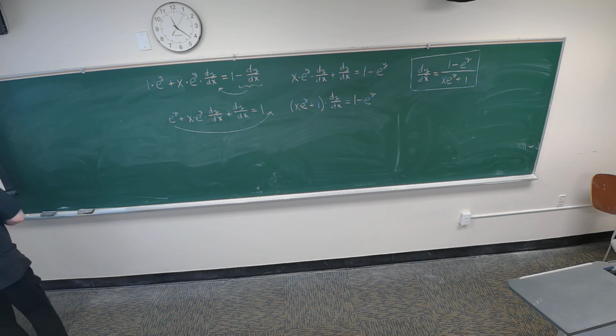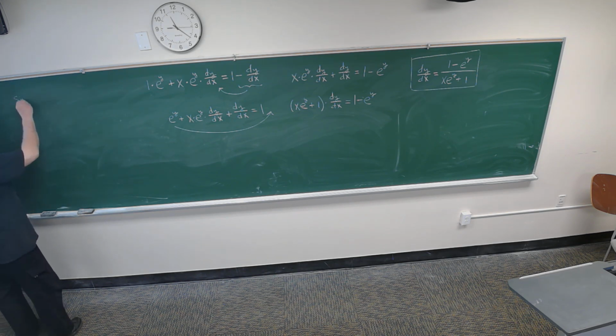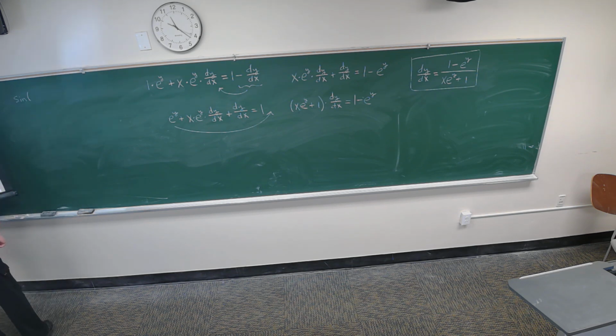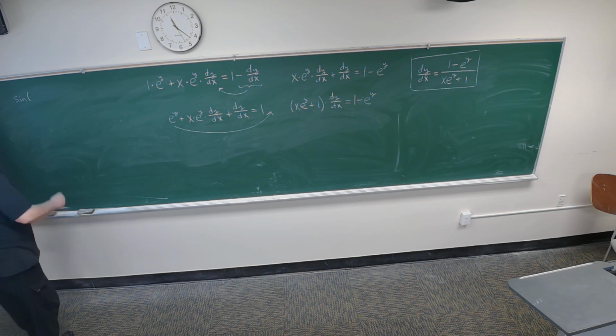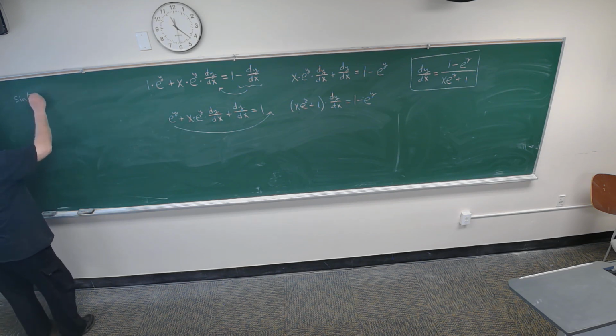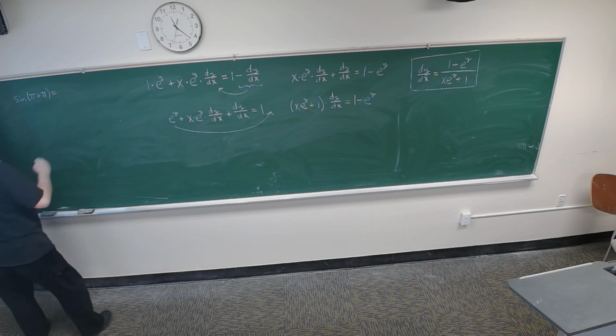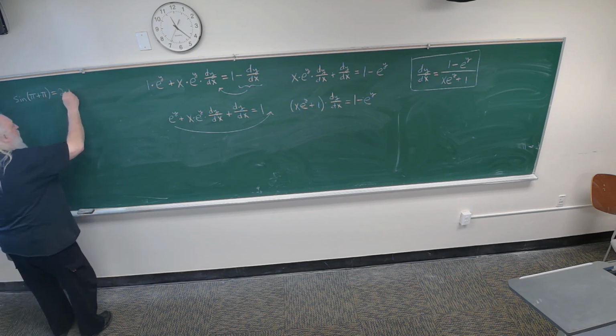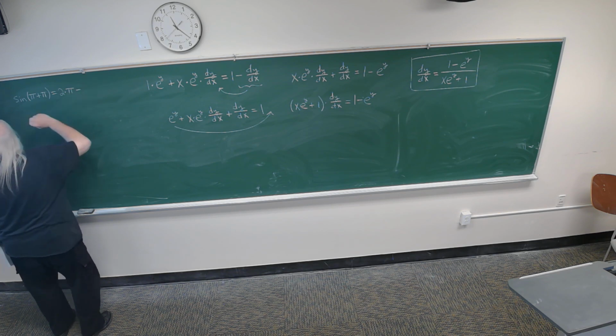So let's see if this point pi pi is actually on the graph of this equation. So remember, the x coordinate is equal to pi, the y coordinate is equal to pi. So we put pi in for both x and y, and we have the sine of pi plus pi is equal to 2 times pi minus 2 times pi.